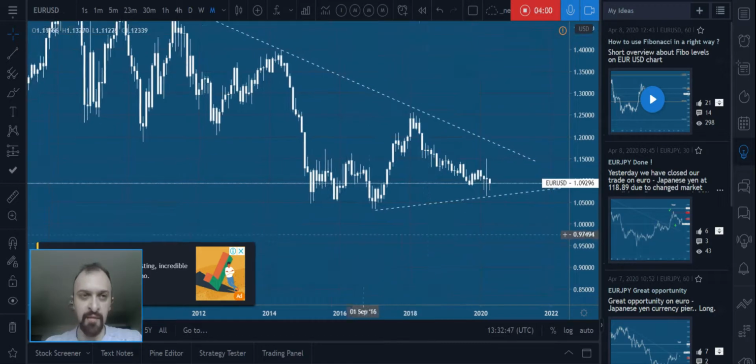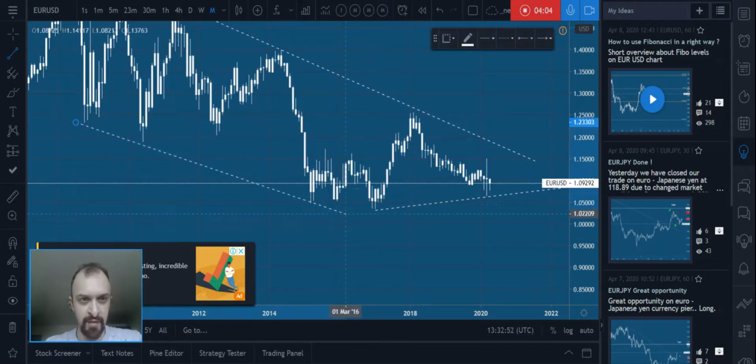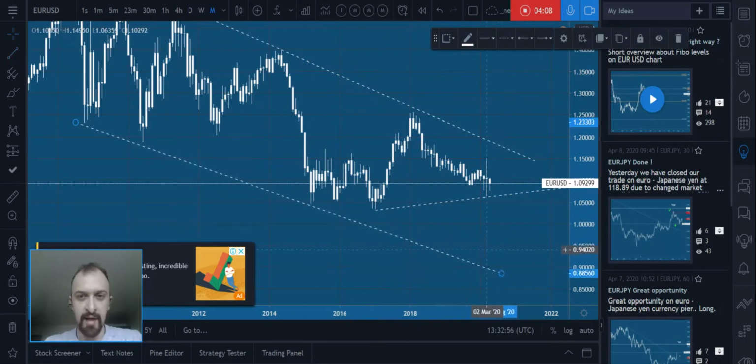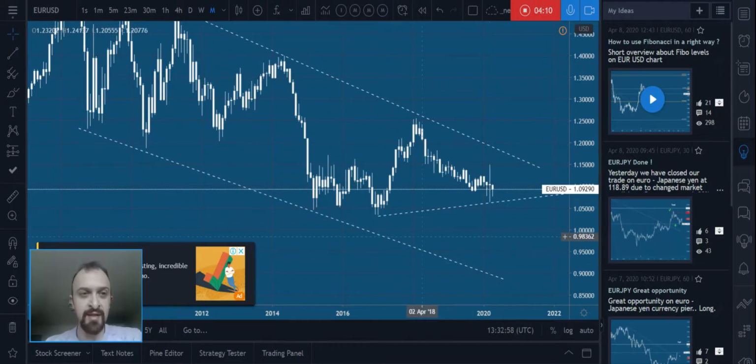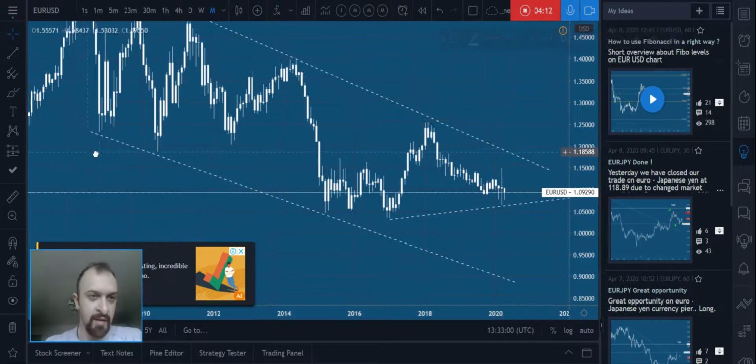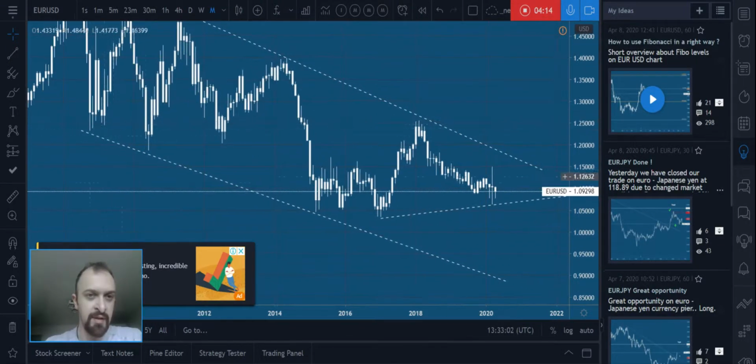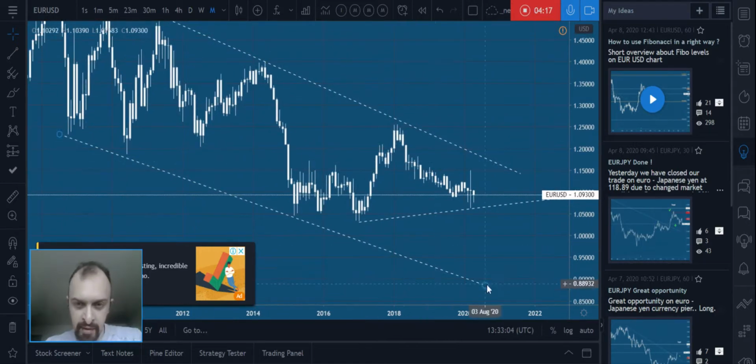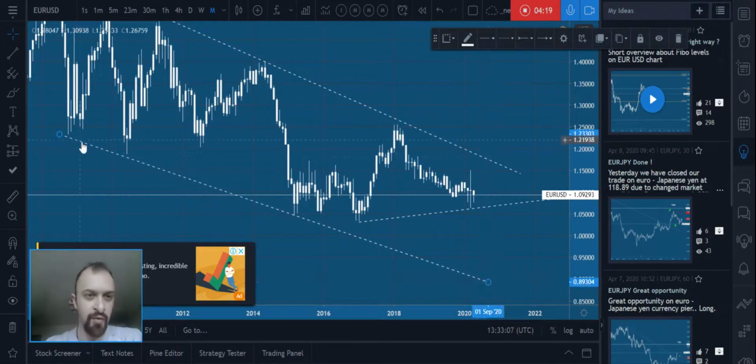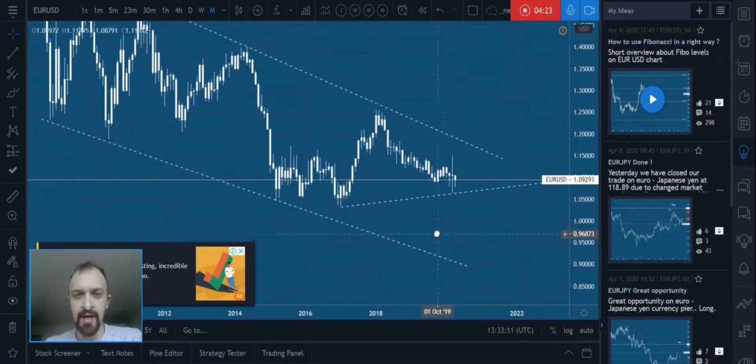But if I draw, for example, this trend line this time, this also makes sense, because at first this trend line is very correct. I have 3 very important long-term touches.